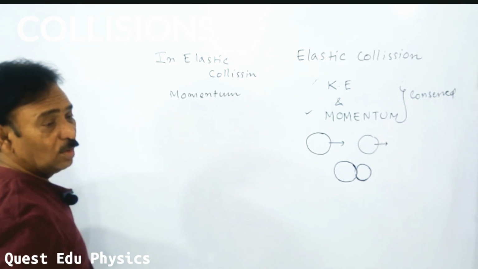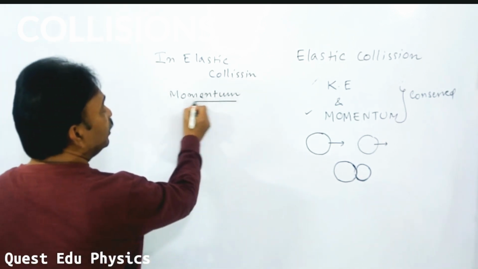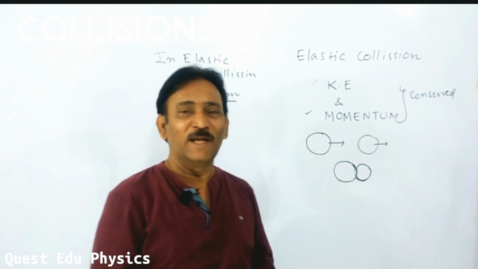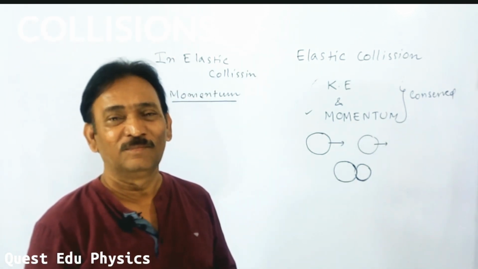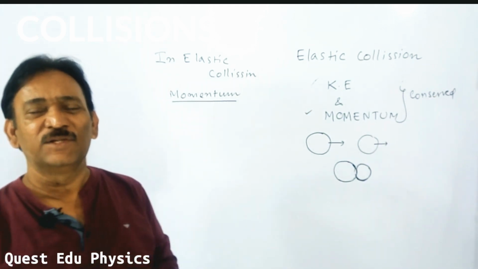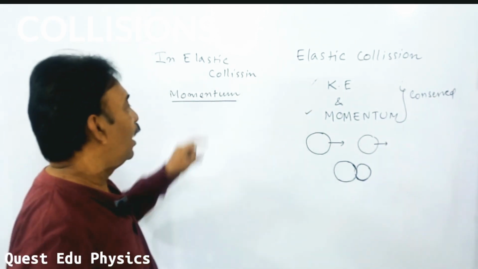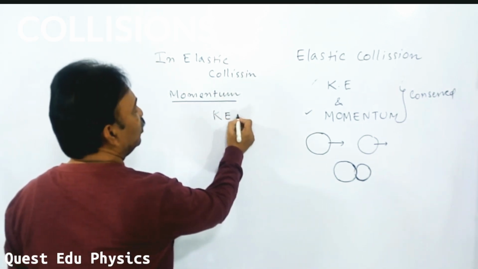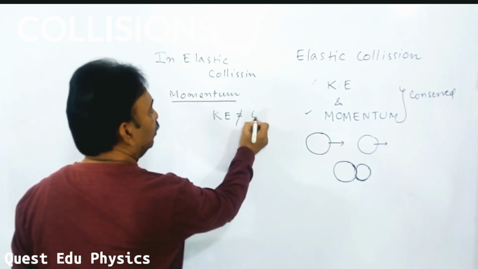Only the momentum is conserved. Such kind of collision is known as inelastic collision. That means the kinetic energy of the body is changing. I mean, kinetic energy is not constant. K is not conserved.